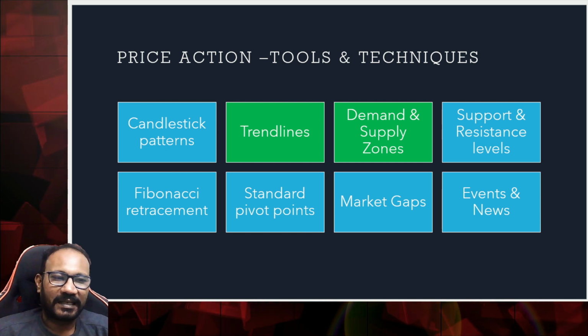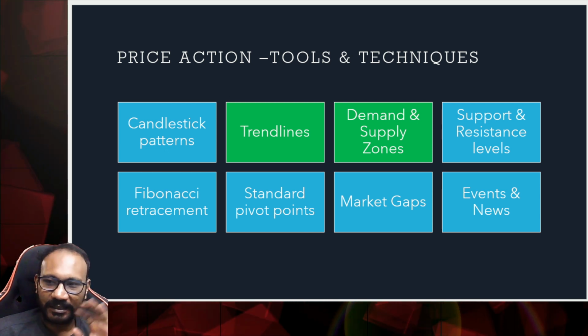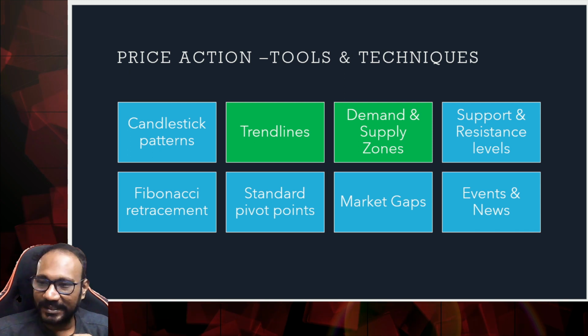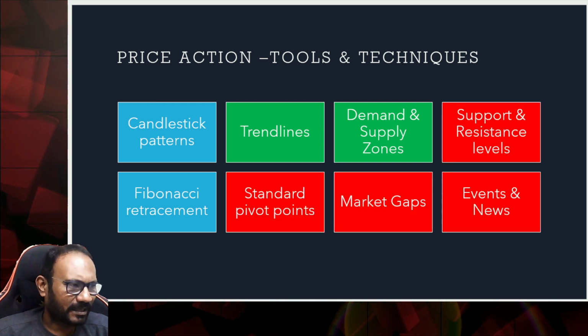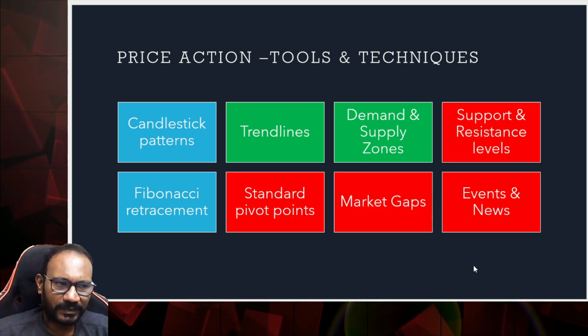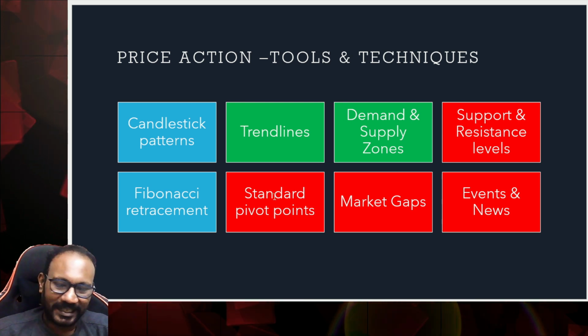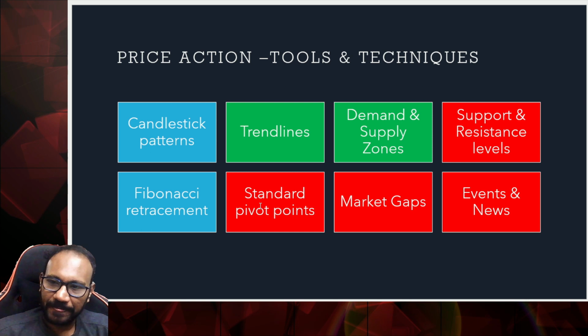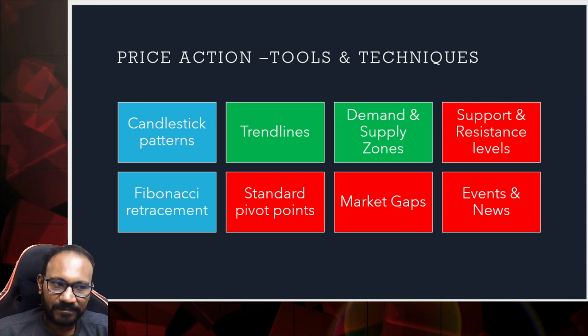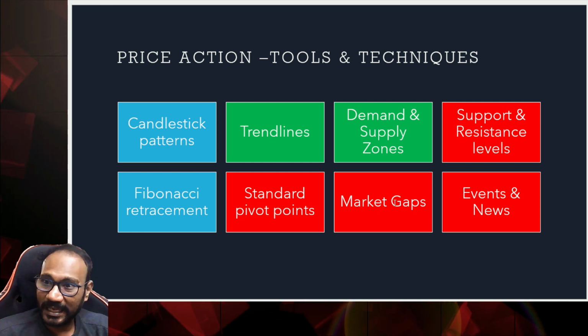With that note, let's define what we are going to address in this video. There are four things that I am going to cover. One is what support and resistance levels and standard pivot points are, and how to use them. Then, what are market gaps, and how do we read those gaps?